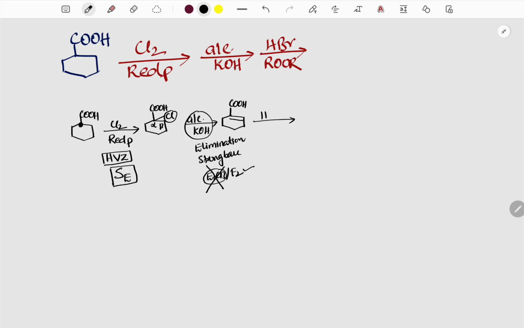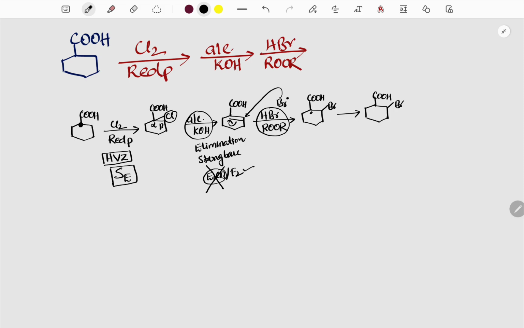Now it is treated with HBr, peroxide. From this we get Br radical, and this Br radical attacks the alkene and produces a stable radical. The stable radical takes hydrogen from HBr again, and finally it gives the corresponding product like this.